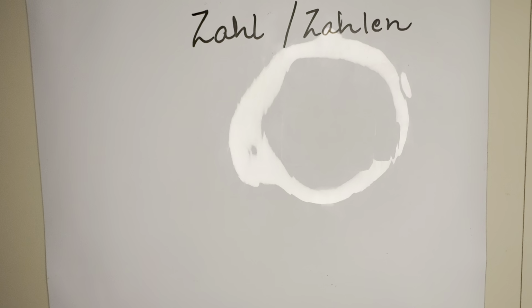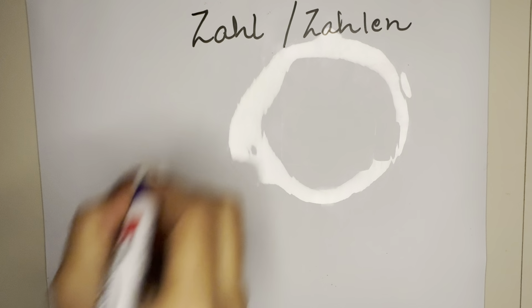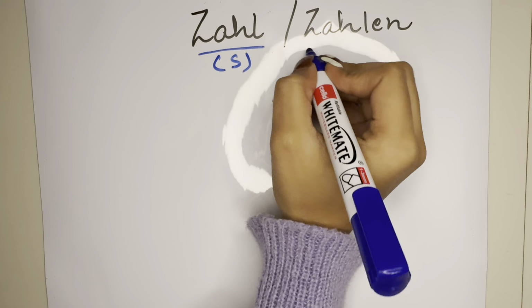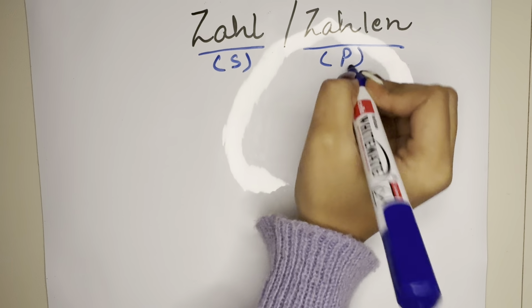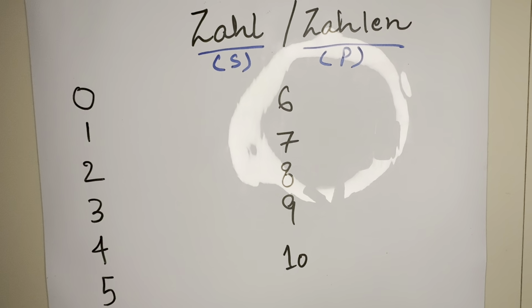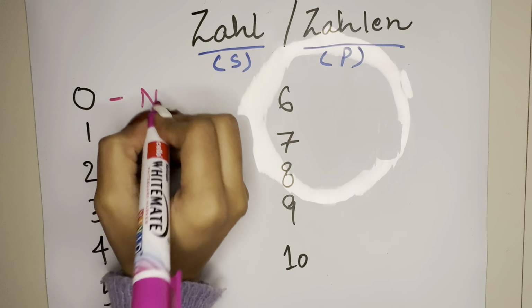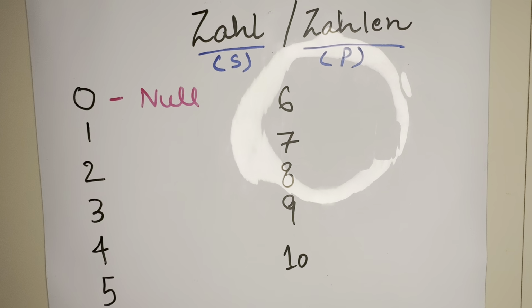In German, we call number Zahl. This is the singular form, and Zahlen is numbers. Now, let us begin. So, this 0 is called null.